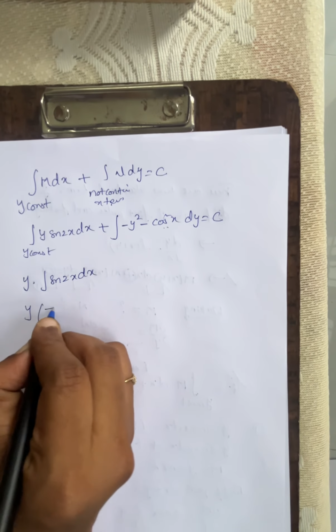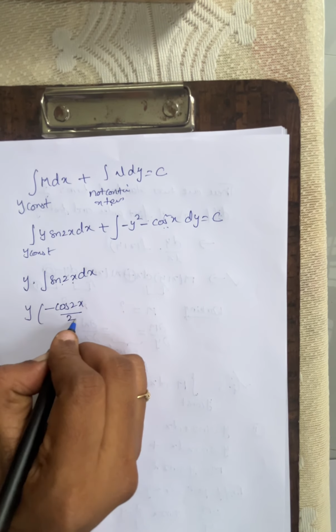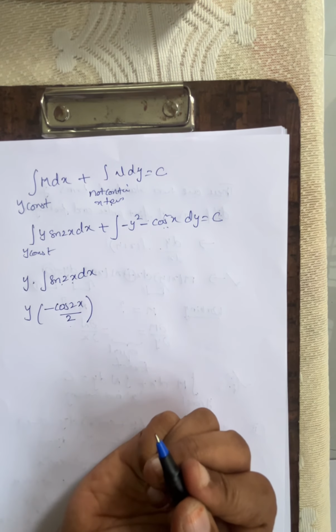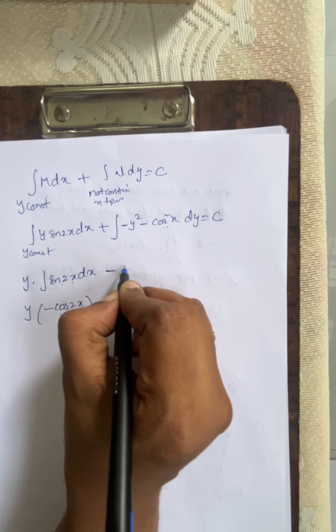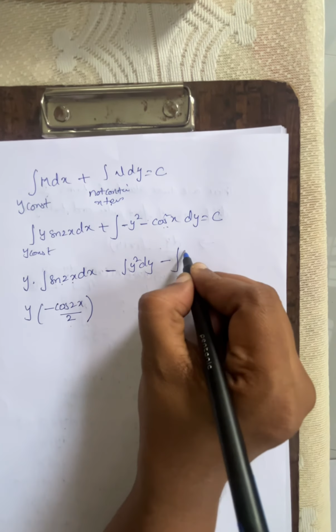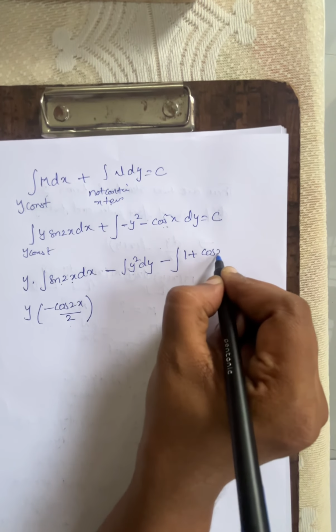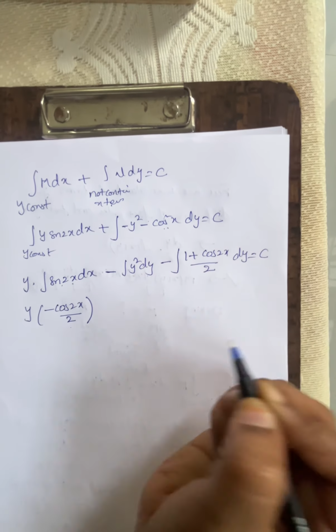What is the integration of sin 2x dx? Integration of sin is minus cos, and the coefficient of x is 2, so because of integration we write the coefficient in the denominator. Now what is the integration of y square dy minus the integration of (1 plus cos 2x) by 2 dy equal to c?